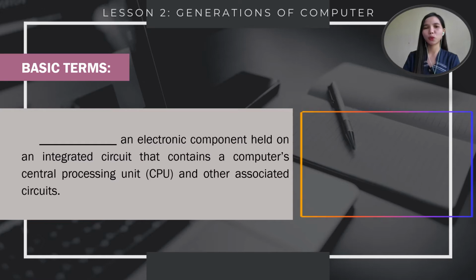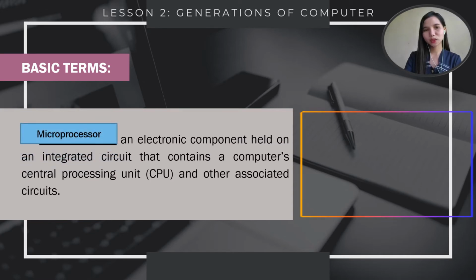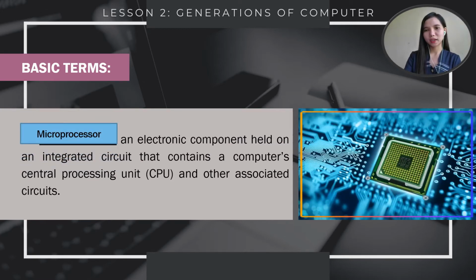Basic term number 4. Blank is an electronic component held on an integrated circuit that contains a computer's central processing unit, or the CPU, and other associated circuits. This is what they call the microprocessor. Here is the image.